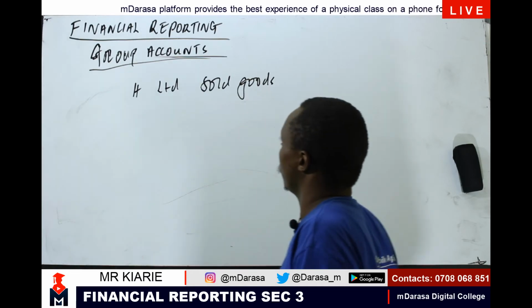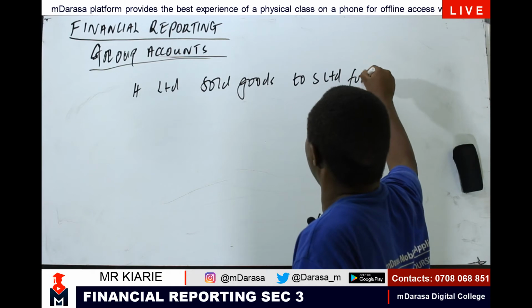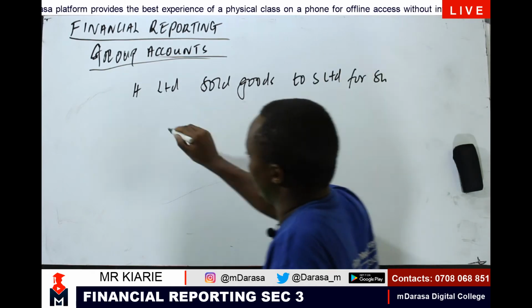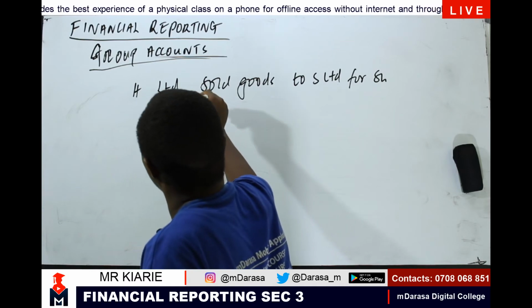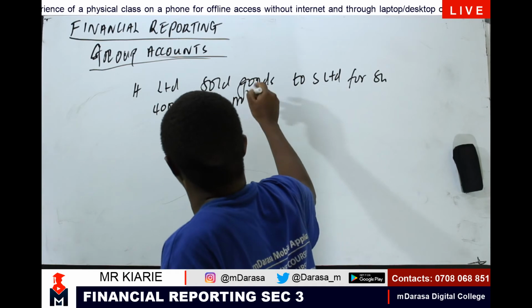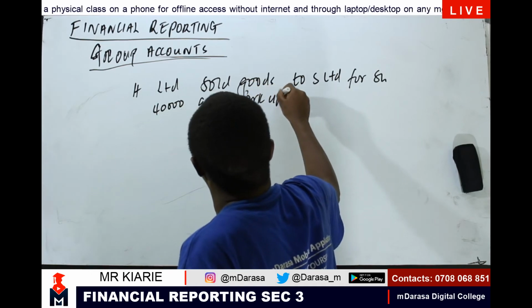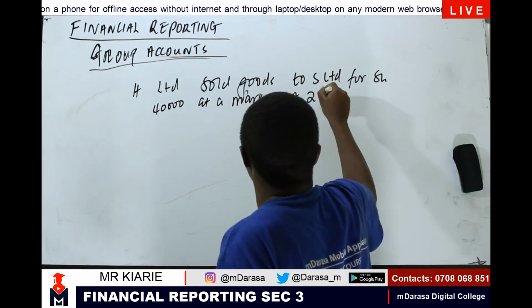H Limited sold goods to S Limited for shillings 40,000 at a markup of 25%.